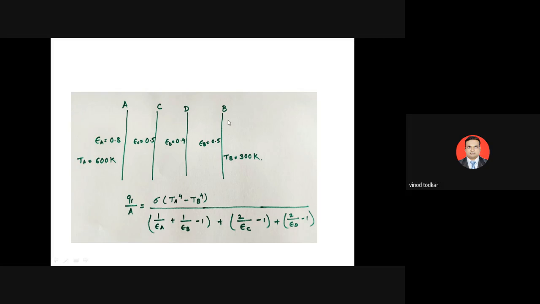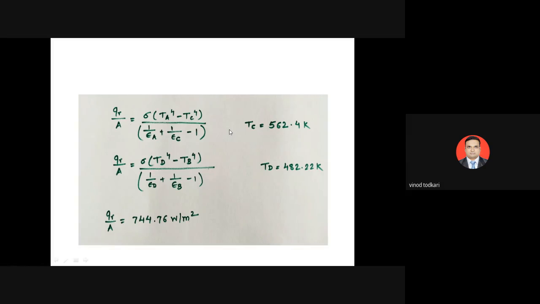QR upon A is equal to sigma into bracket TD raised to 4 minus TB raised to 4 divided by bracket 1 upon emissivity of plate D plus 1 upon emissivity of plate B minus 1. Is it clear to you? So if you do that, you can work out the value of temperature TD.